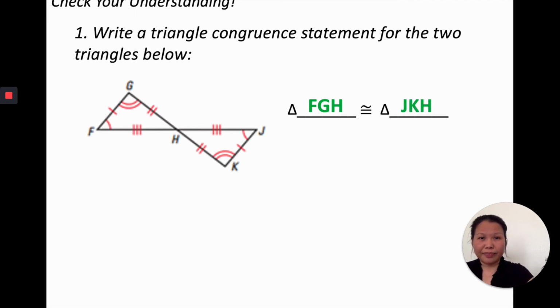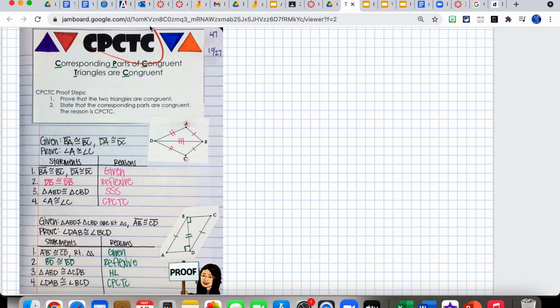JKH. We want to go over this word, CPCTC. It means corresponding parts of congruent triangles are congruent. We are taking the first letter of each word to put in the CPCTC abbreviation. What I want to go over is the proof.